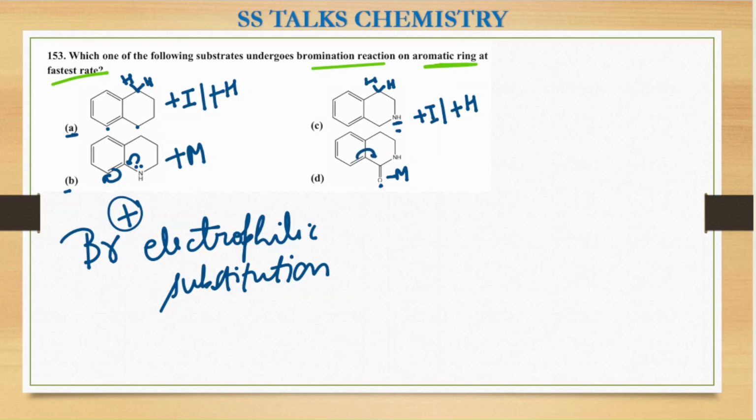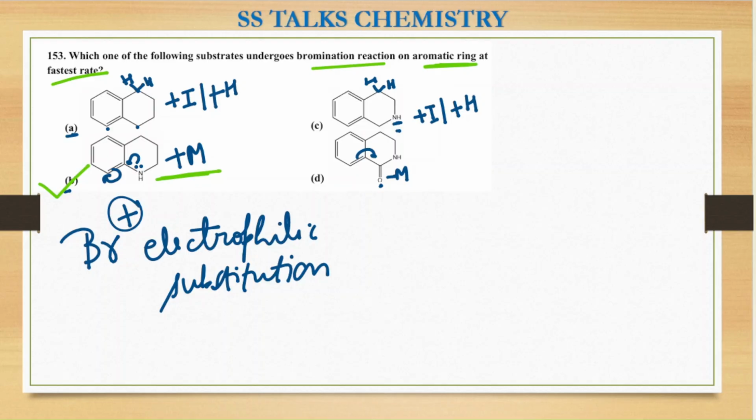So it applies a minus M effect and withdraws the electron density. So we can see that the maximum electron density is in molecule B, where the plus M effect is applied by the nitrogen atom attached to the aromatic ring. Okay. So the correct answer will be option B in this case.